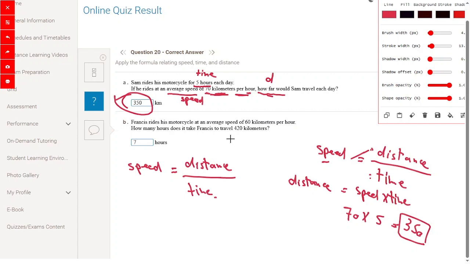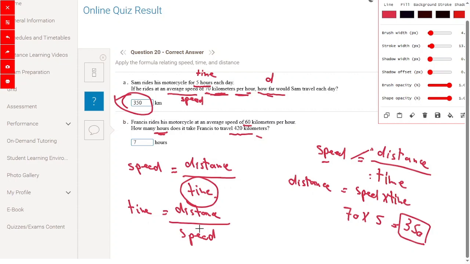Okay? Now, how many hours? Now we need the time. Does it take Francis to travel 420 kilometers? So cross multiplication, so time would be equal to distance divided by speed.